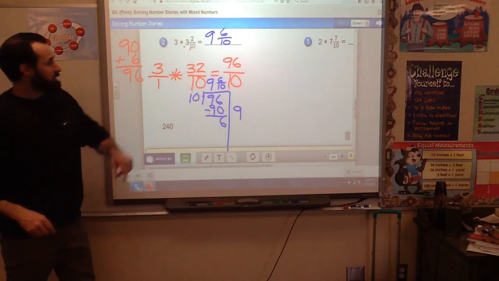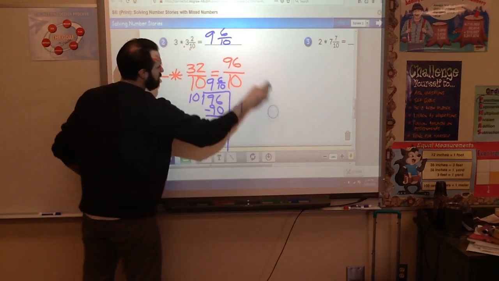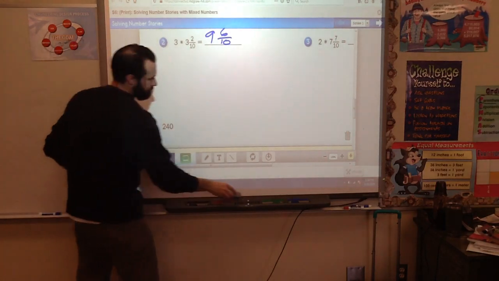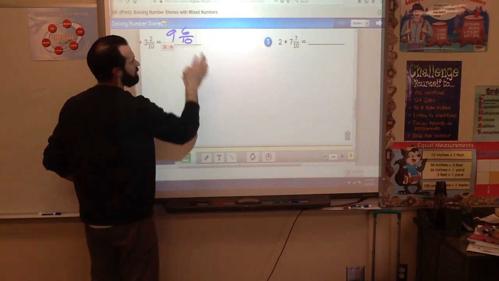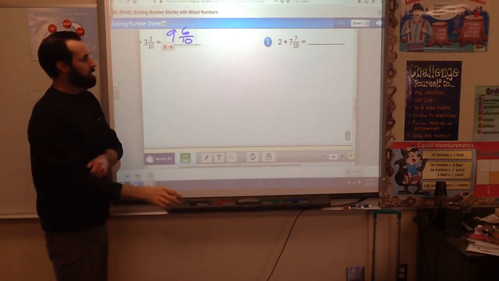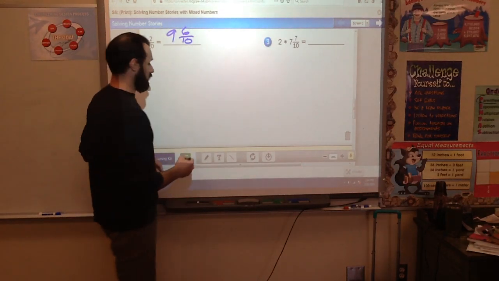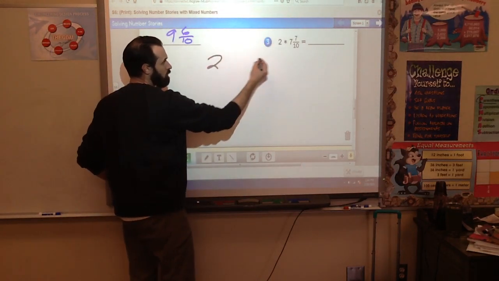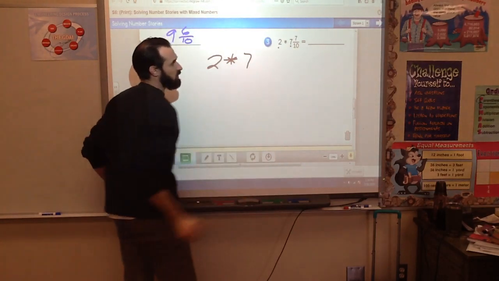So now, over on this other one, we are going to do it the other way. And on this one, then you have to write this as two problems. So we're going to write it as 2 times 7, because we're doing whole number times whole number.